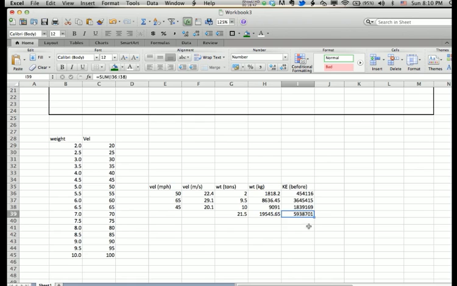Eventually I want this in kilojoules, so I'm going to do equals this cell, that's in joules, divided by 1,000. So there's my kilojoules of energy at the beginning.